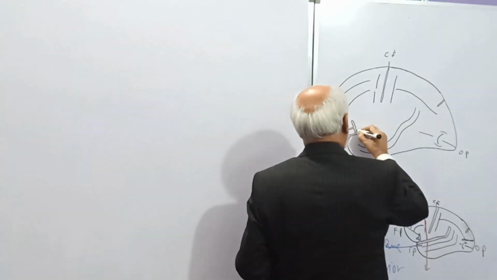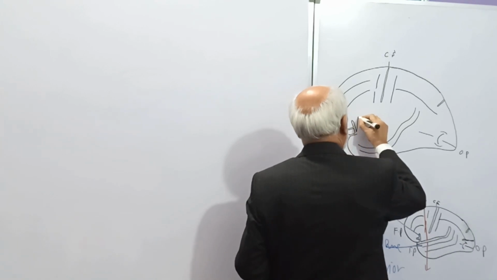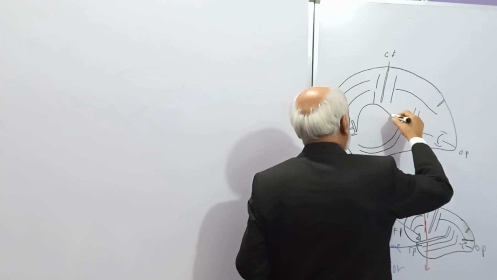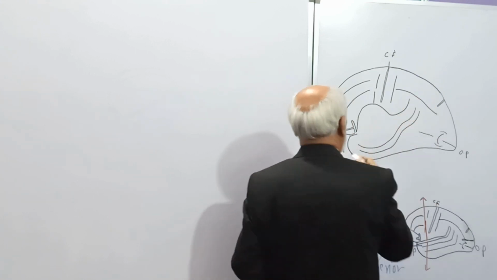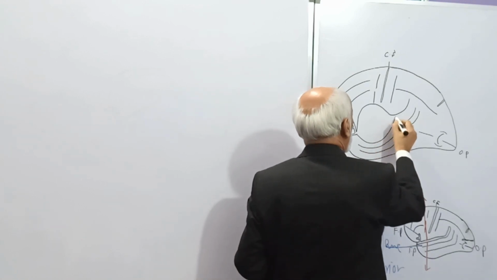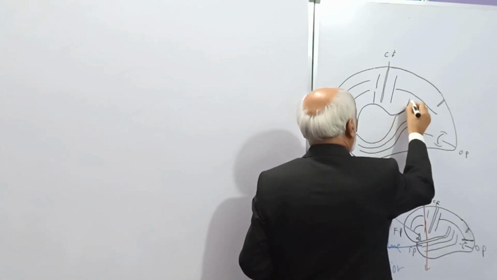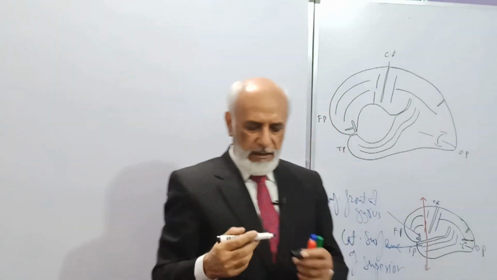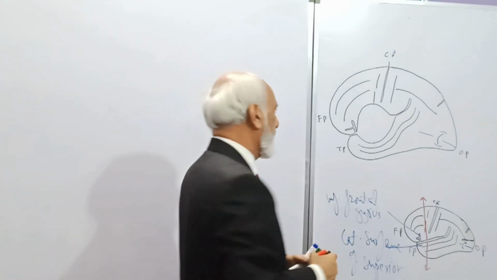If we stretch the upper lip upwards, and the lower lip downwards, then the interior of the posterior ramus of the lateral sulcus will be exposed.